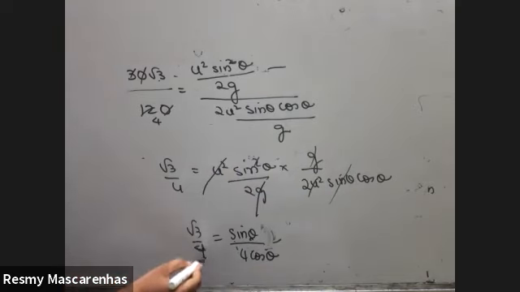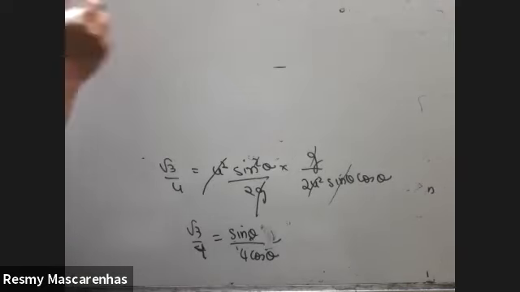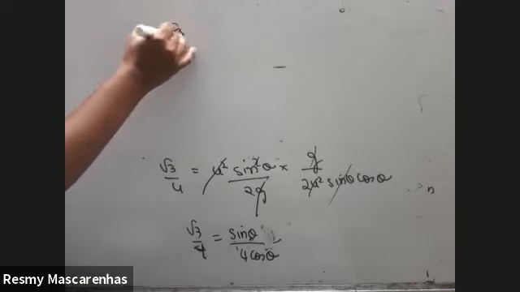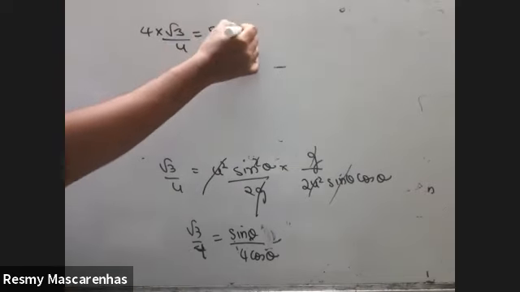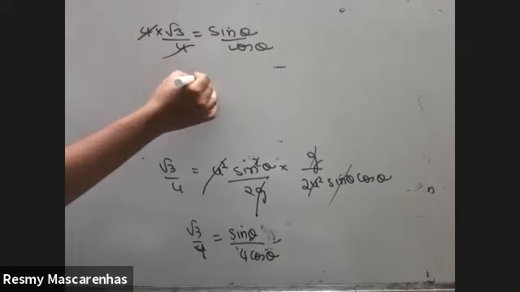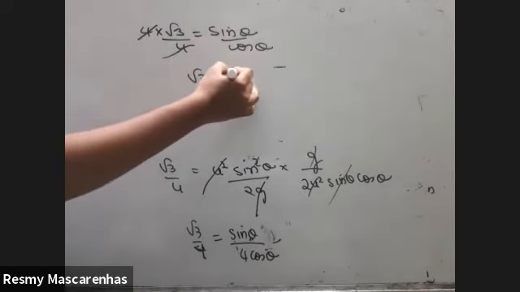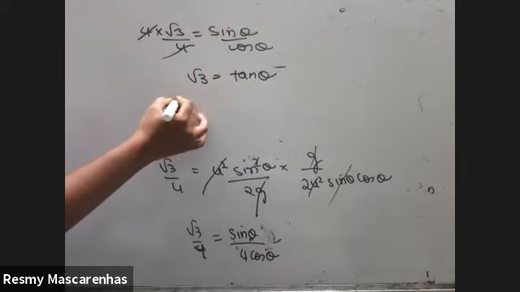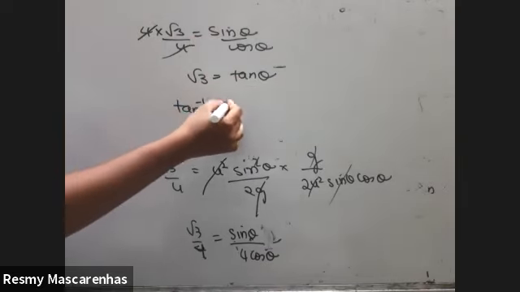Again, 4 you take to the other side, so it will get multiplied. Root 3 sin theta upon cos theta is tan theta. Tan inverse of root 3.